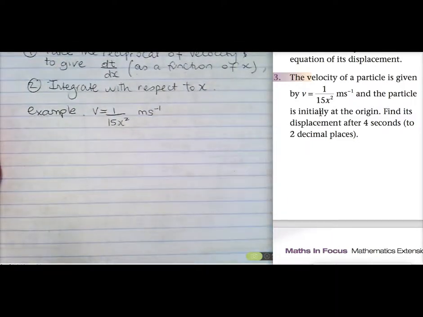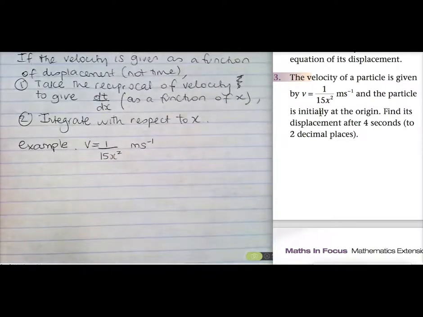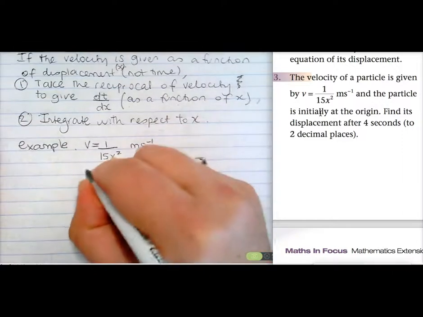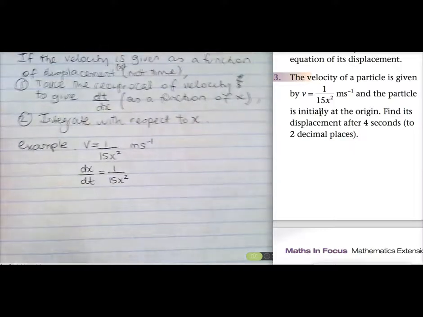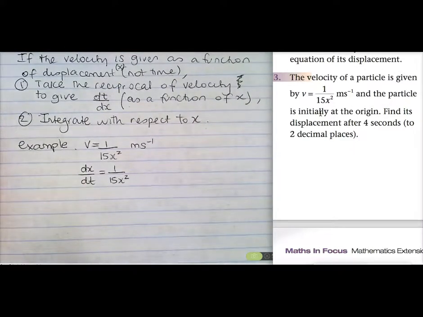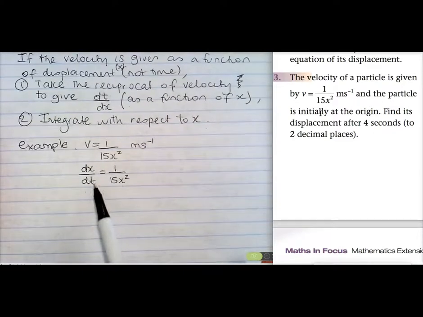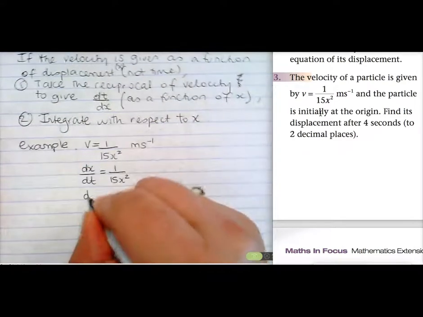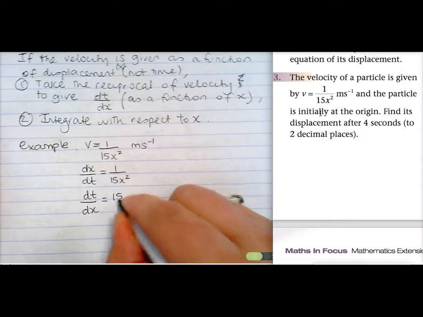Now the rule is, if velocity is given as a function of displacement, in other words, in terms of x, not time, what do we do? So I'm going to write this as dx/dt. We know that velocity is always dx/dt, whether it be the 2-unit course or the 3-unit course. But the problem is I can't integrate until, if I want to integrate here, it'd have to be in terms of t. So I can't do that. So what I do, I take the reciprocal. So dt/dx would be 15x squared.